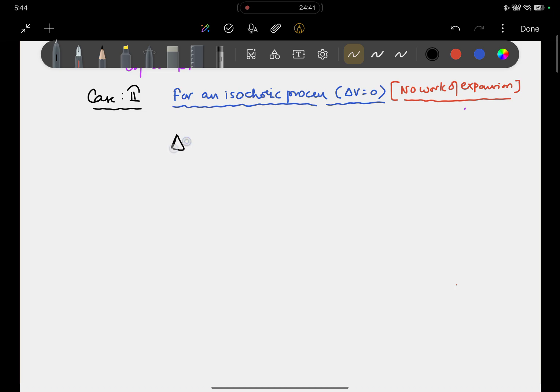So delta U is equal to Q plus W. This is according to the first law of thermodynamics. So we know that W is equal to minus P delta V. So this is equation 1 and this is equation 2.